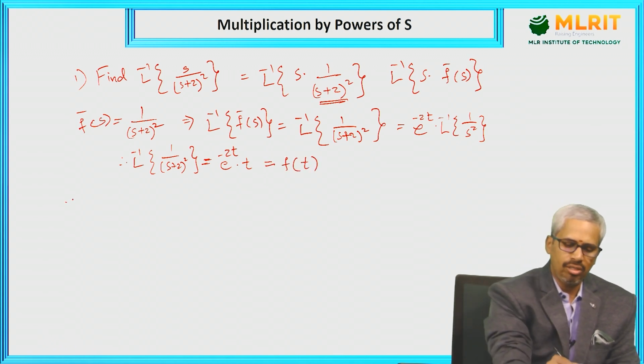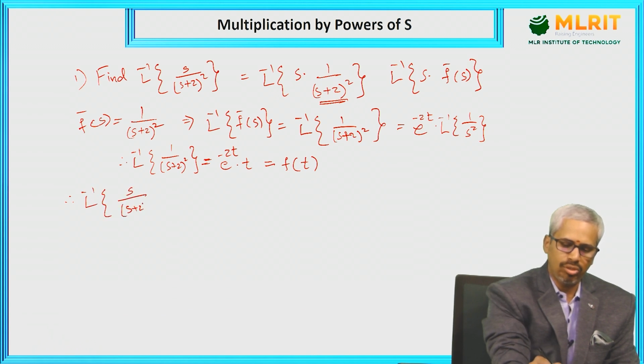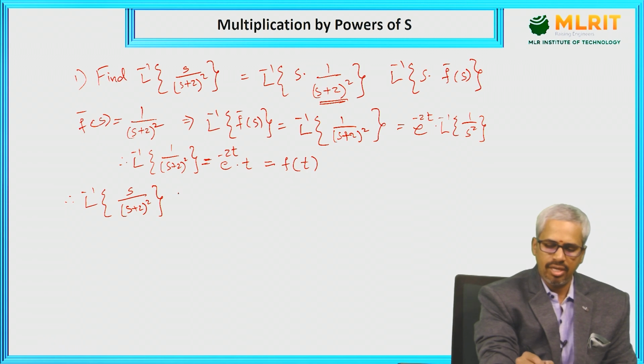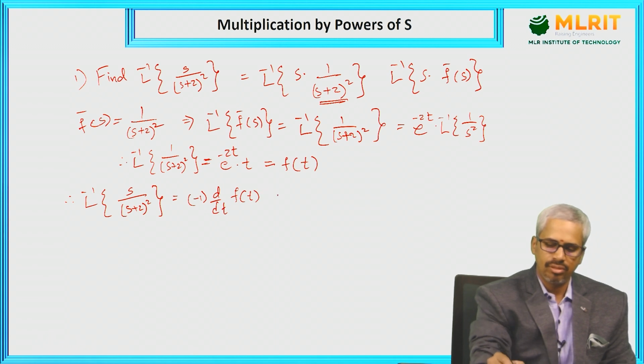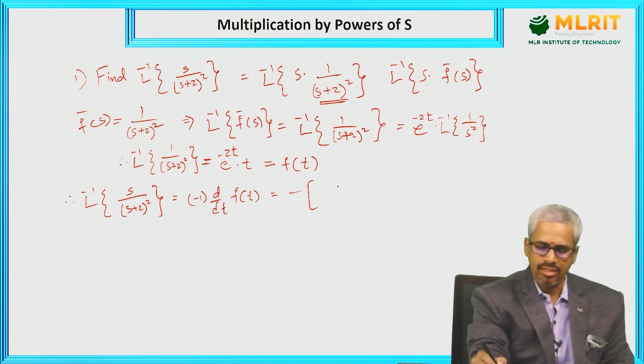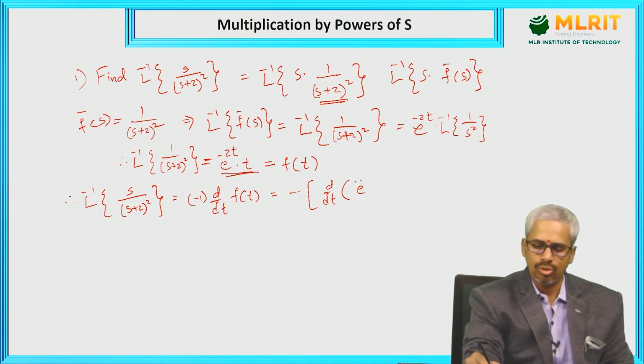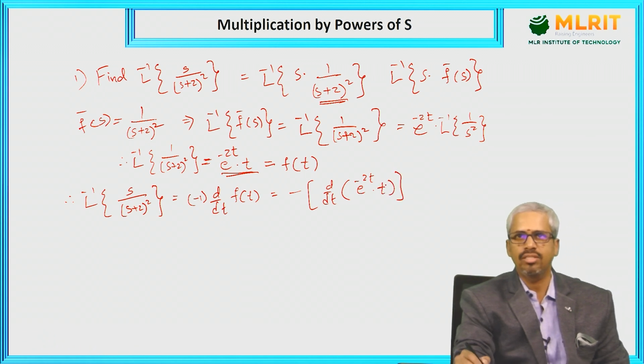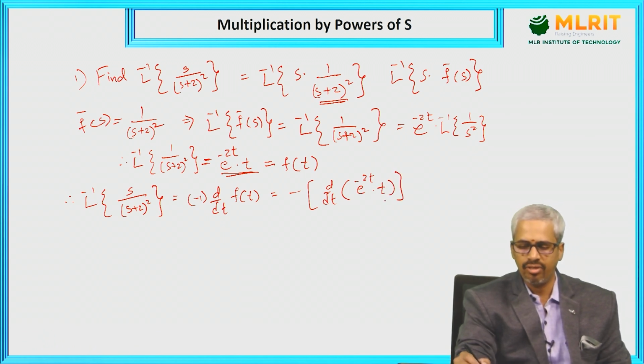Now we want L inverse of s by s plus 2 whole square. As per the definition, I can write this as d by dt of f of t. So d by dt of, what is f of t here? E power minus 2t into t. So there are two functions, one is e power minus 2t and another one t. Let us apply UV rule derivative.